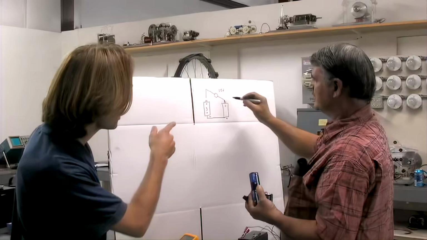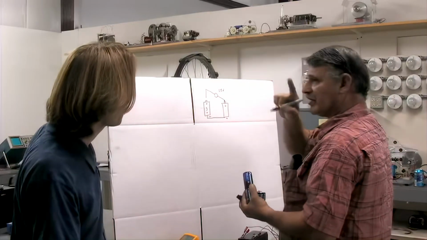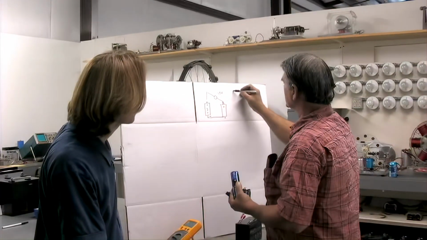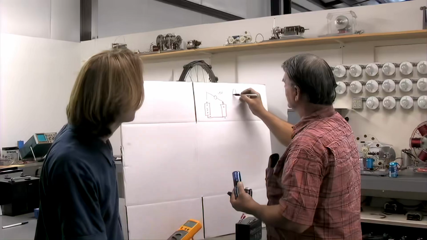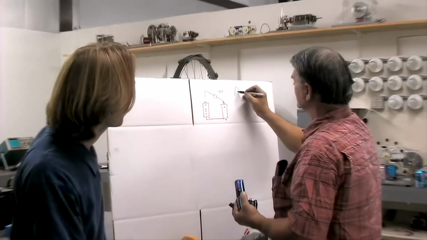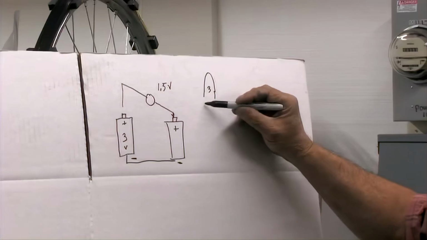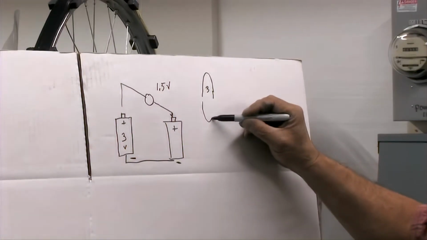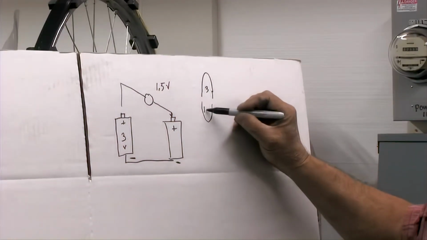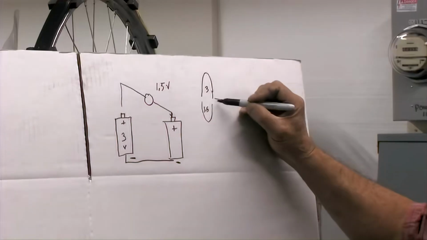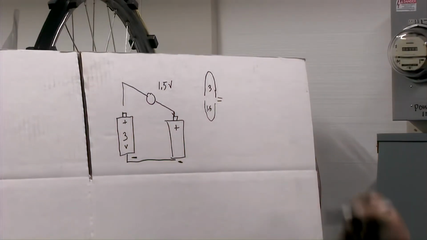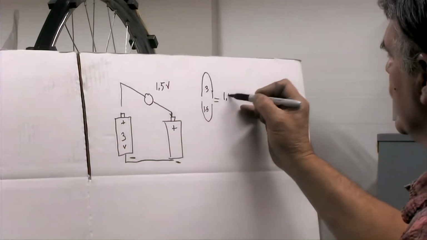So in essence, what you're saying is that, right, so if we look at it this way, we look at a wave of 3, and we keep it in the same phase, and we look at a wave of 1.5. Well, that equals 1.5.